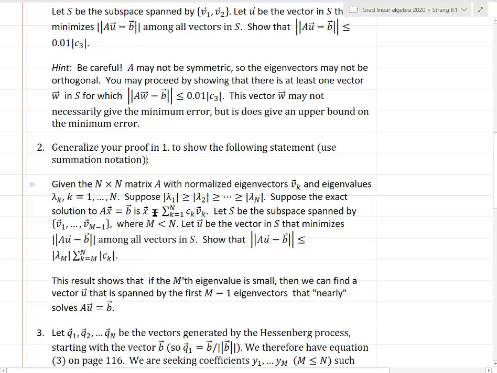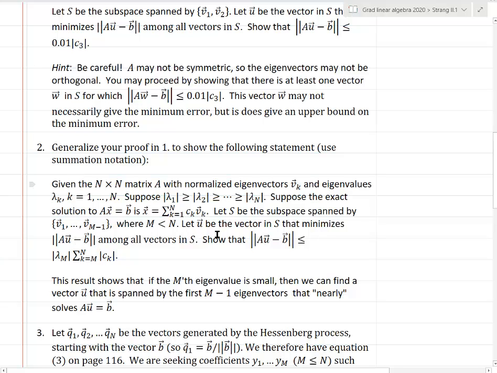Let S be the subspace spanned by v1 through v_{m-1}, where m is less than n. So I don't take all the eigenvectors, I just take the first m minus 1 of them. Let u be the vector in S that minimizes the norm of Au minus b. So this should look familiar to the previous example.